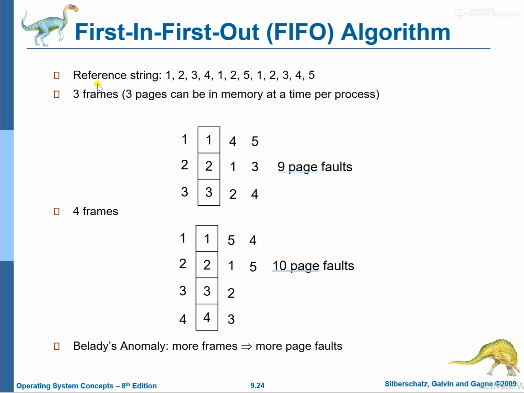Okay, now we will start with first in first out, like here if you can see. Okay, in this example, in the upper part we assume that we have 3 frames available in the main memory, and initially all 3 frames are empty.